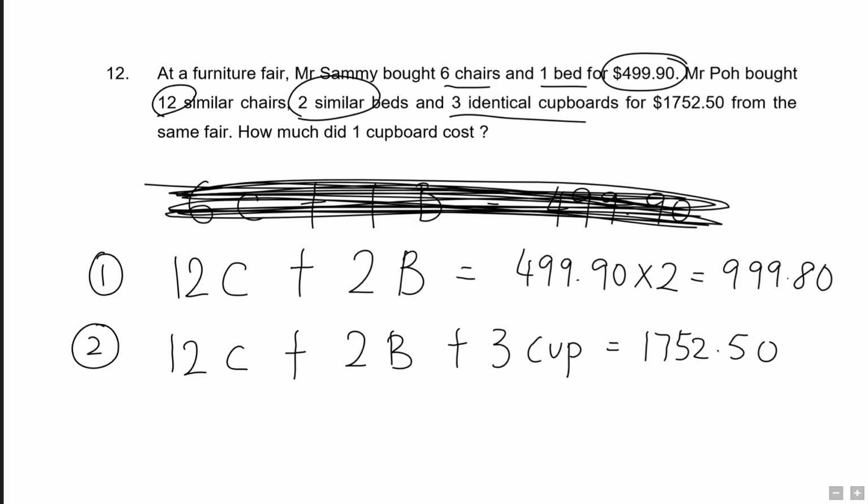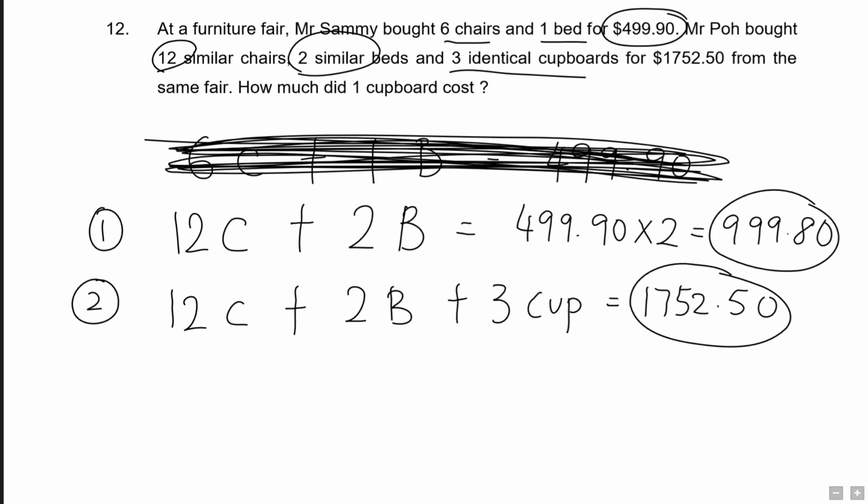Now, what is causing the difference between this and this? The number is bigger, yes, and the number is bigger not because of the chair, because the chair is now the same. It's not because of the bed, but the extra amount is because of the 3 cupboards. So I can say that these 3 cupboards are the ones that cause that number to be bumped up.